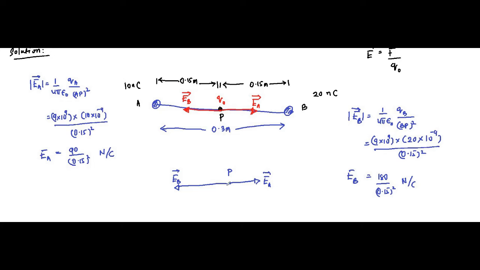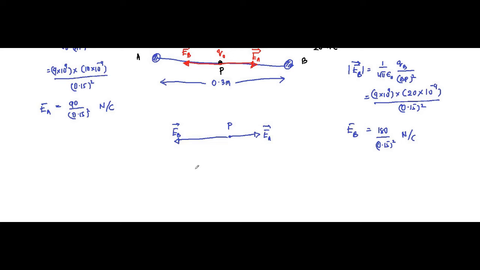EB is of higher magnitude, that's why I have deliberately drawn it of higher length. So the net electric field at point P magnitude wise is equal to EB vector magnitude minus EA vector magnitude. Why? Because EB is of higher magnitude, that's why.